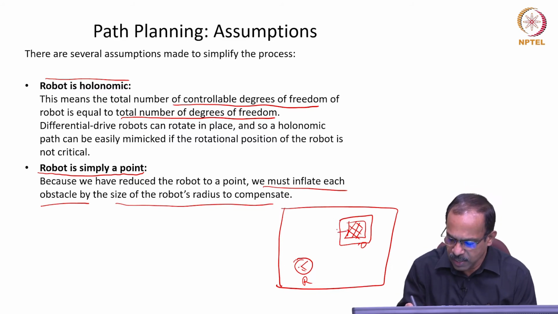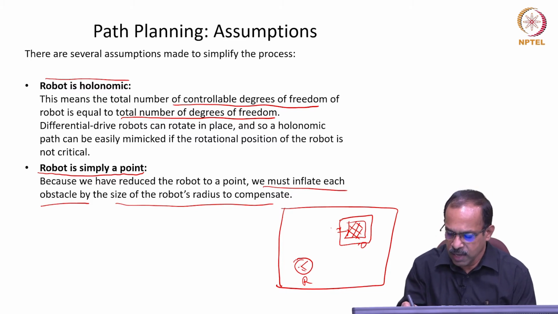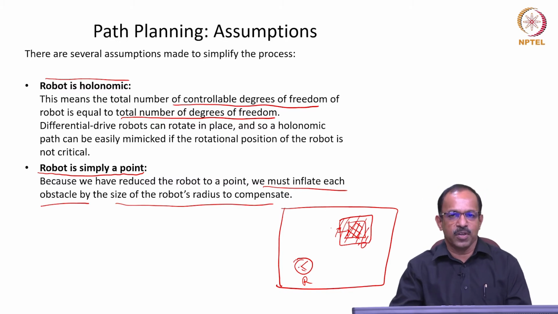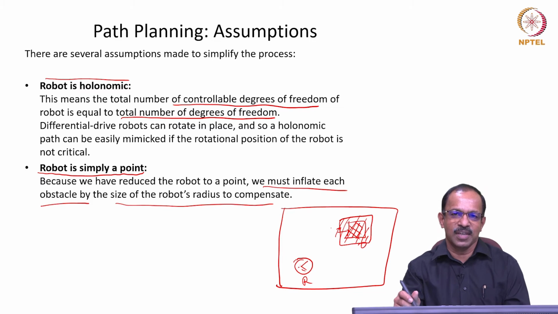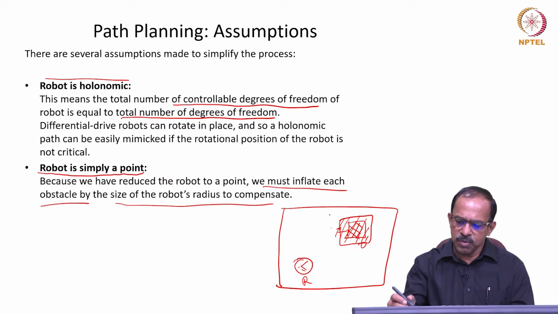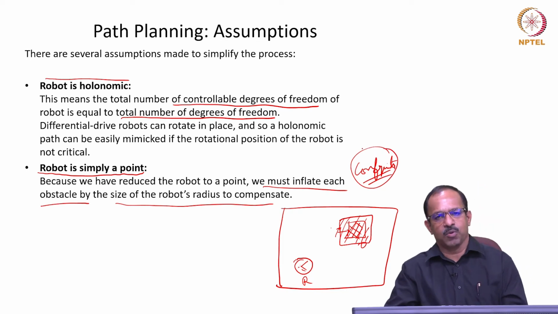We add the radius of the robot to the size of the obstacle, and we assume that the size of the obstacle is this. So, we are inflating the size of the obstacle to take care of the size of the robot. Effectively, though we assume it is a point, we ensure that the robot will not hit the obstacle because of its size, since the obstacle itself is enlarged. This we call the configuration space of the robot, where we configure the obstacle with the size of the robot.